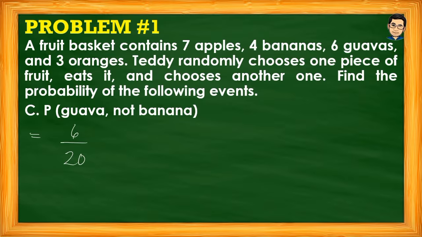And then, on the second one, not banana. That means banana is not included in Teddy's options. So, we cross out the banana here, the 4 bananas. What we need here is that he can choose from 7 apples, 6 guavas, and 3 oranges. However, the first one Teddy ate or chose is guava. So once he chose that, the number of guavas is reduced. So, 6 becomes 5.